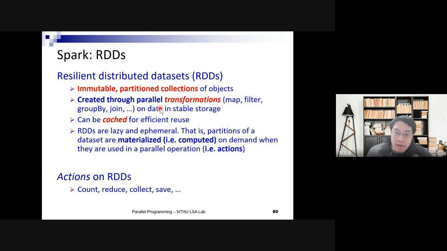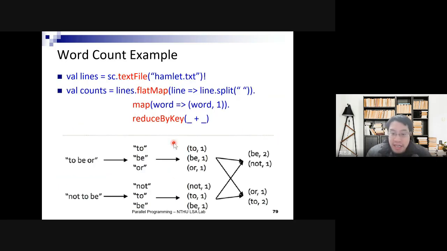And a bit more detail is that the data sets we mentioned over here are not always materialized or stored in memory. The reason is, imagine we could store every data set in our memory.